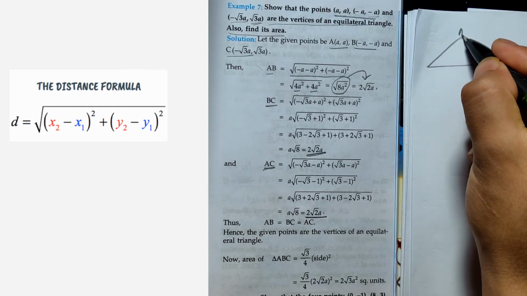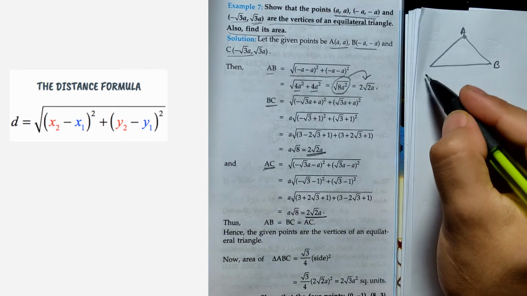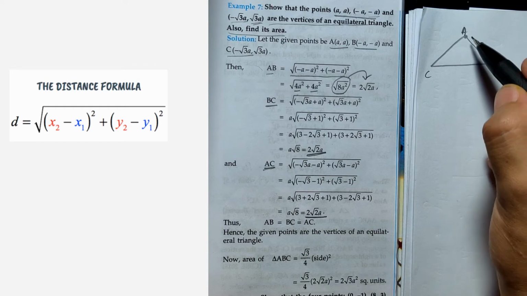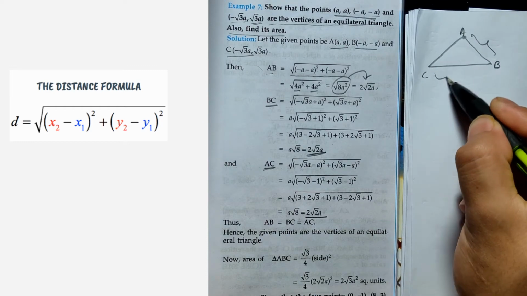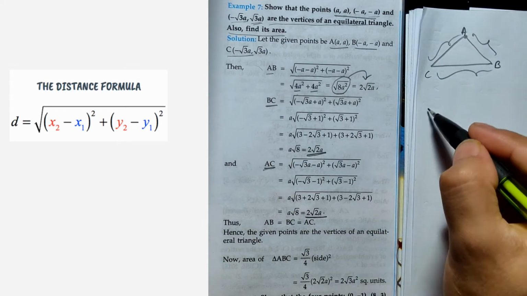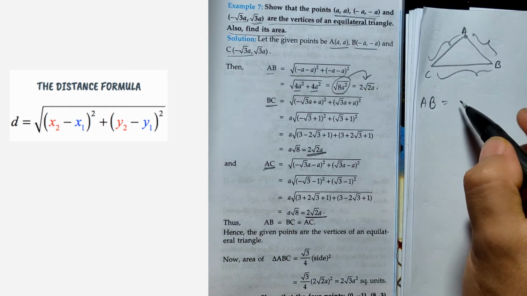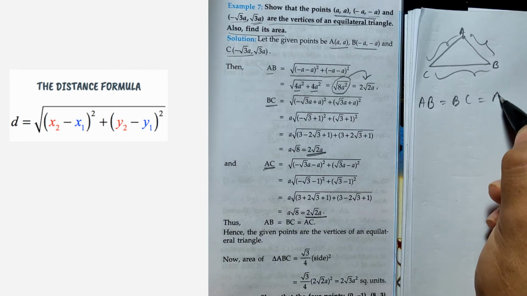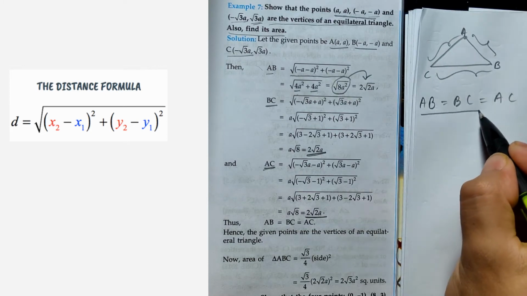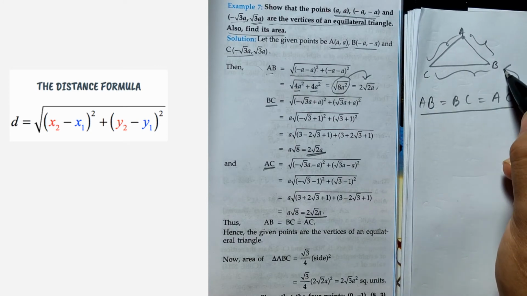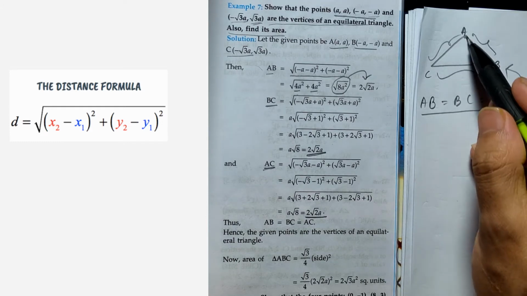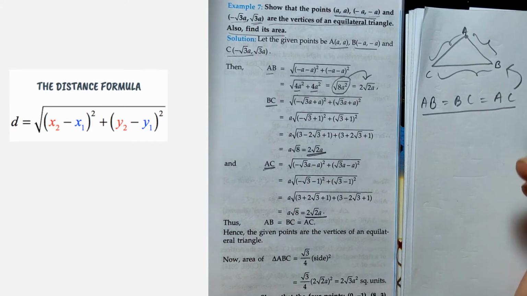So if we take these points as A, B and C, then we can find AB, BC, CA, and if we can prove that AB equals BC equals AC, that means all three sides are equal, then we can easily prove that these are nothing but vertices of an equilateral triangle.